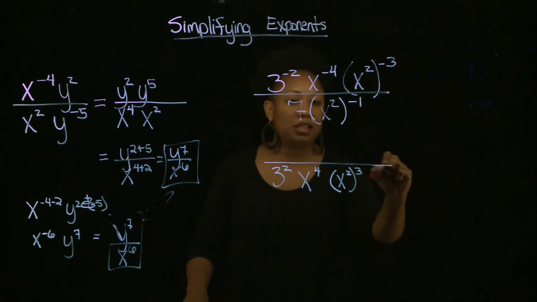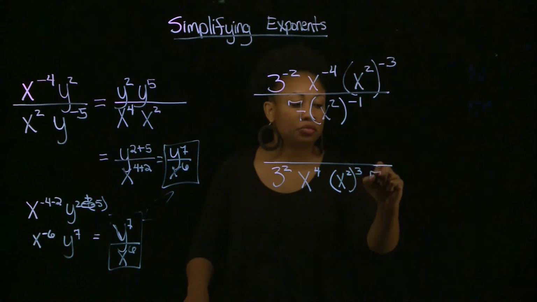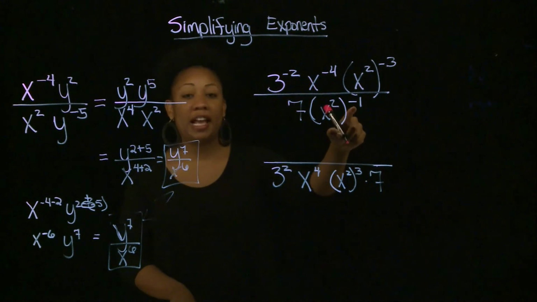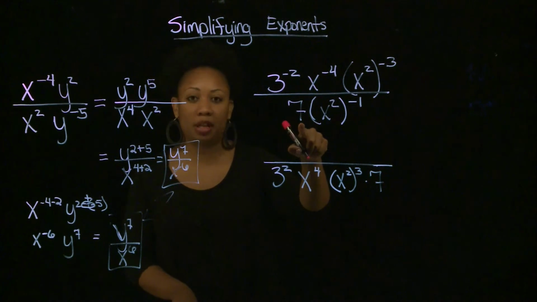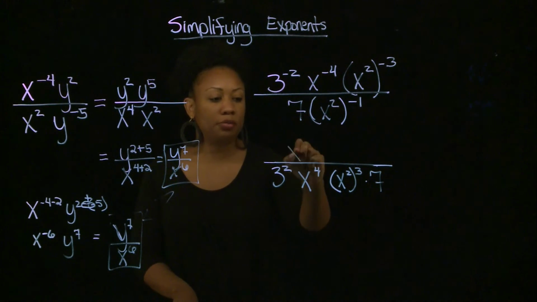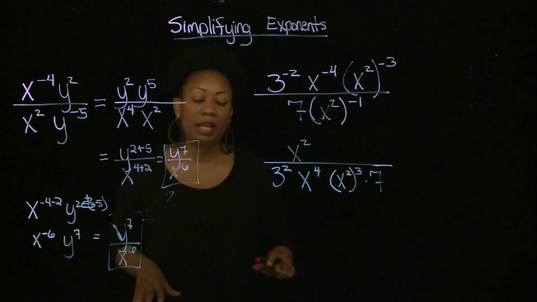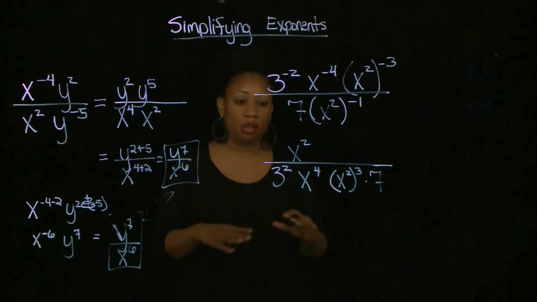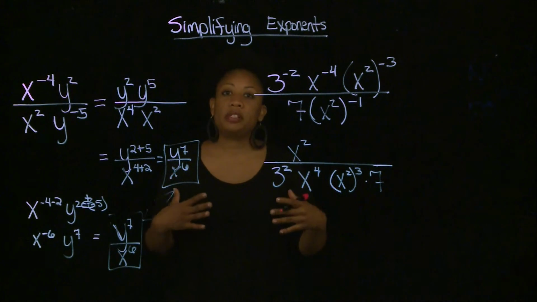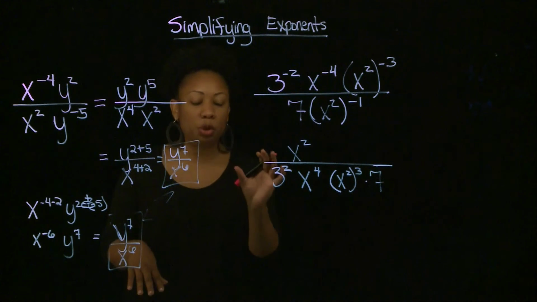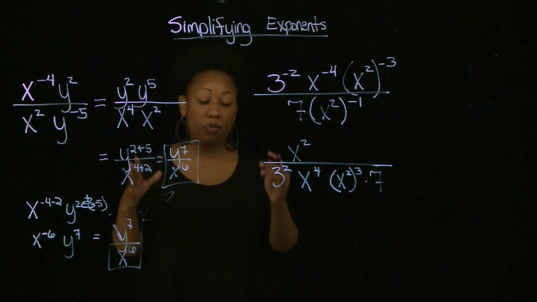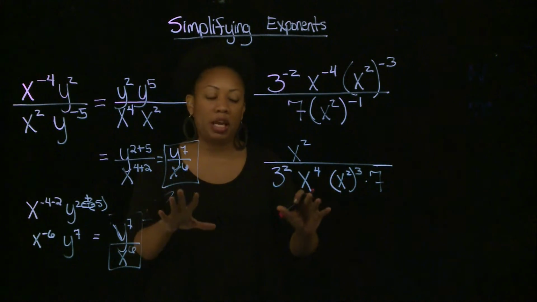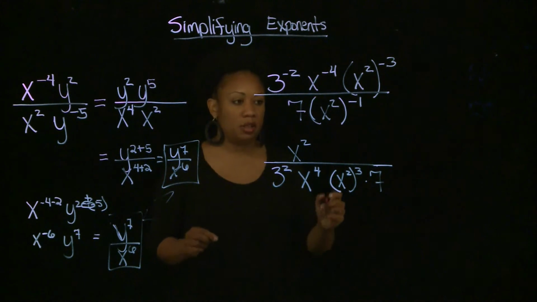Now on the bottom, I still have this 7, because this negative 1 is only attached to this x squared. So don't put the 7 at the top, just this x squared. Bam. Now all of my negative exponents are gone. The main reason I do that is because most students make mistakes whenever they're dealing with multiplying, dividing, adding, or subtracting with negative numbers, and that helps to take away those little mistakes.